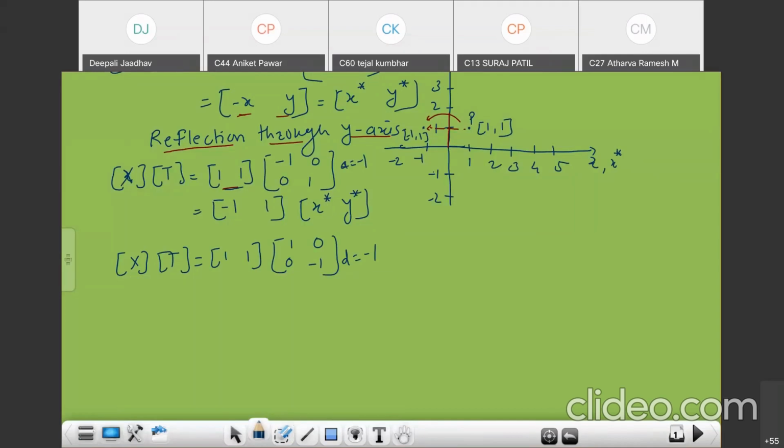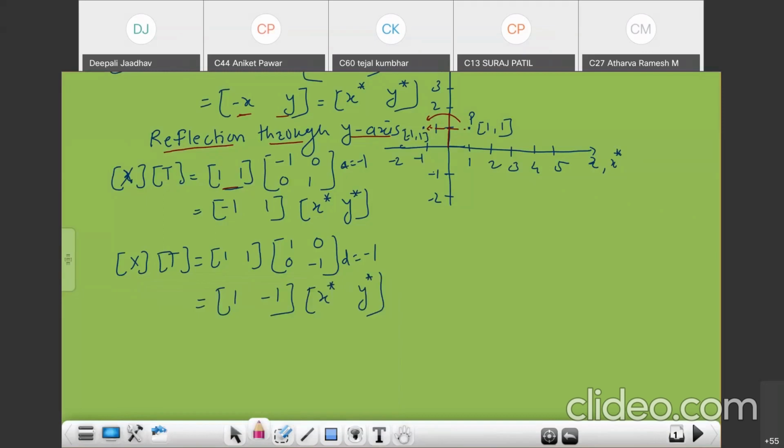It is equal to 1 and -1. So the new coordinates are x star is equal to 1 and y star is equal to -1.